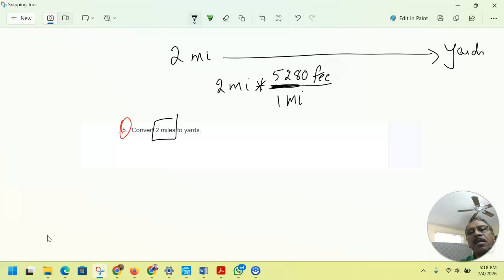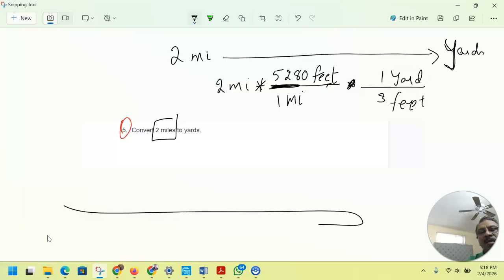Since we want yards, feet has to be cancelled out, so I'm going to write 1 yard is 3 feet.